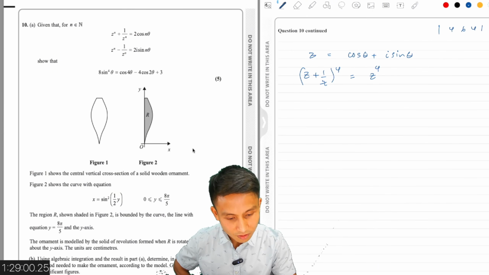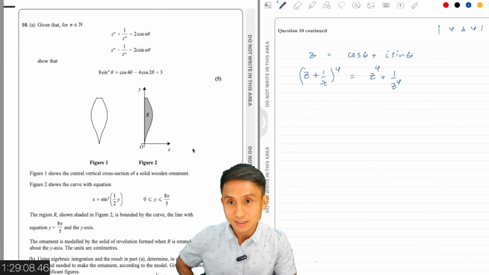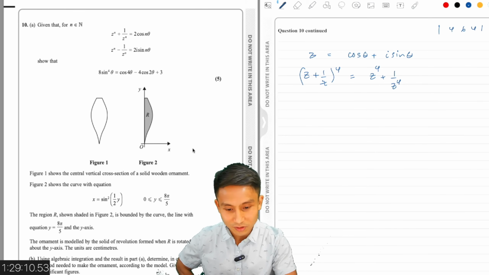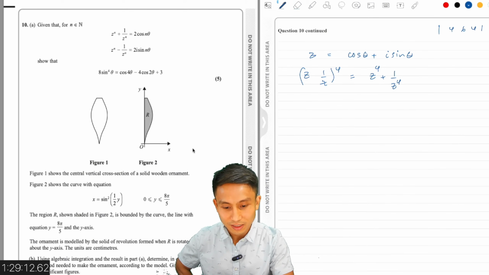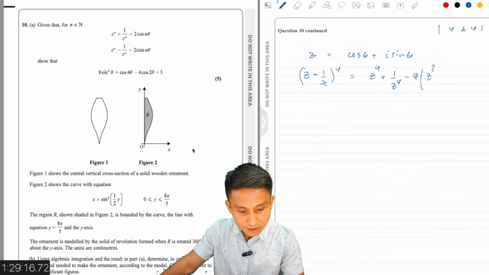So z to the 4, I'm just going to do 1 over z to the 4. This is all plus, right? Oh, it's a sine, so I need a minus. So I should do a minus here, and then minus 4 times z squared plus 1 over z squared. I just happen to remember that.